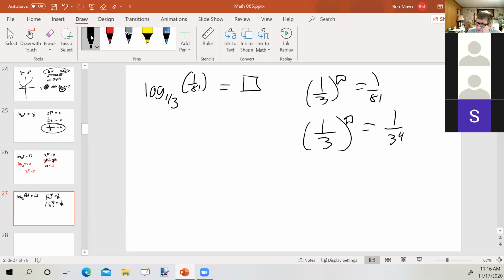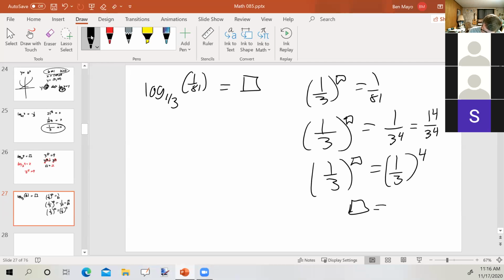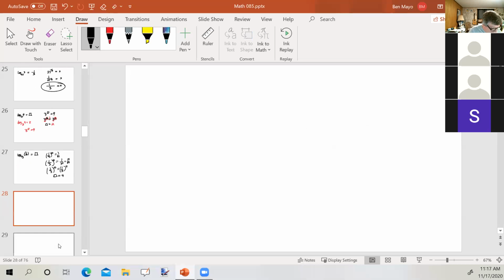Is that equal to 1? Does 1 times 1 times 1 times 1 equal 1? Nobody wants to make a stab at it? Okay, well, yes, it does. So this is like 1/3 to the 4th power. So what's the box equal? 4. 4.